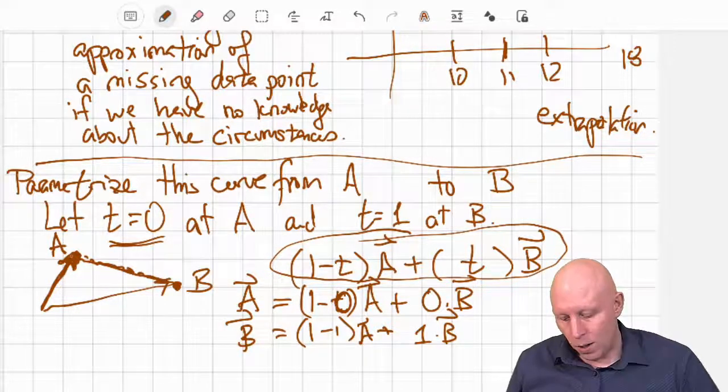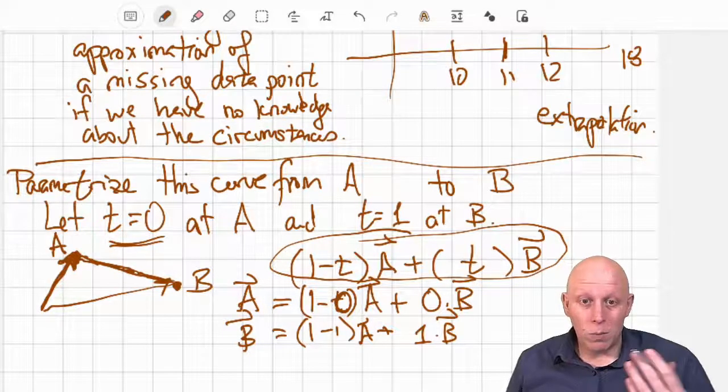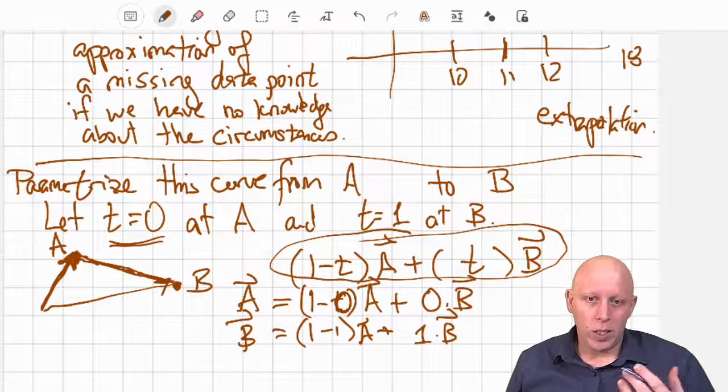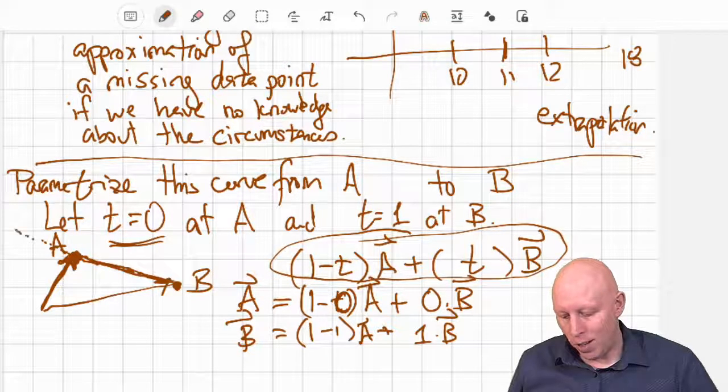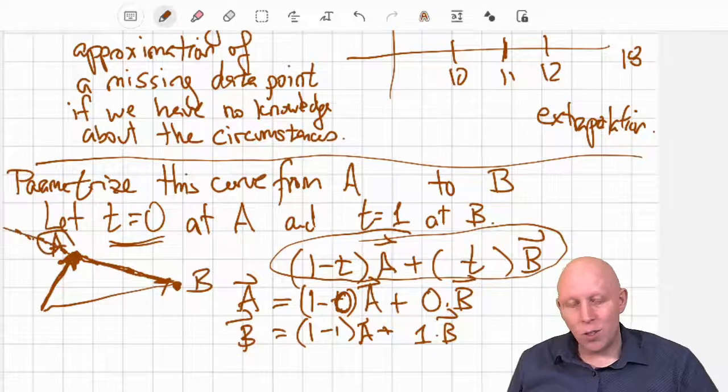In fact, we can use this no matter what the dimension of the points is, and we can even extend this backwards. What happens if we add negative copies of B to this vector?